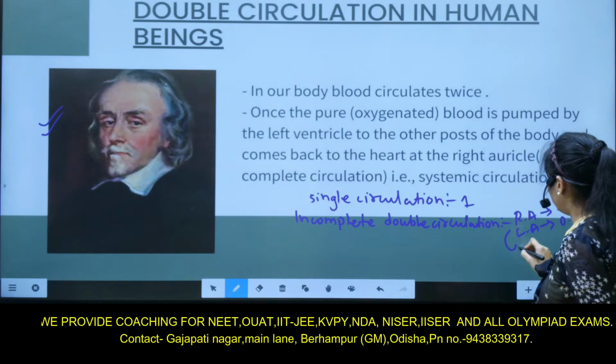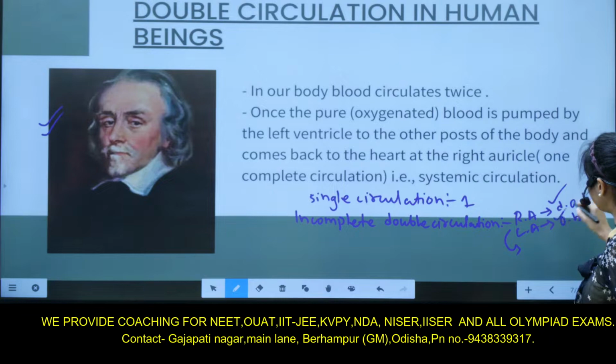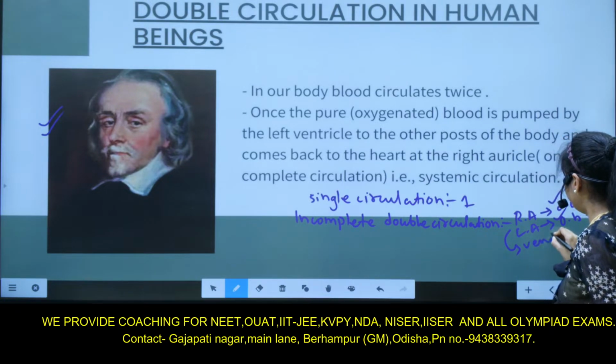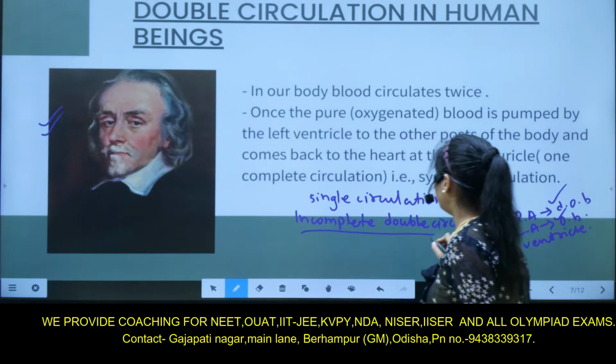But it is incomplete because all the deoxygenated and oxygenated blood gets mixed up at the ventricle. So it is known as incomplete double circulation.